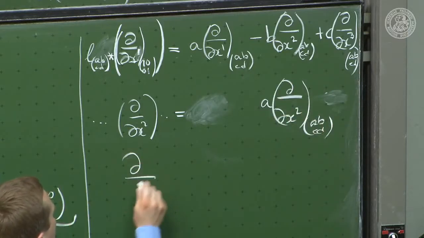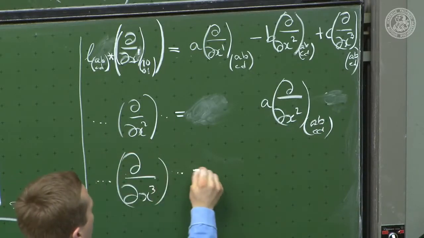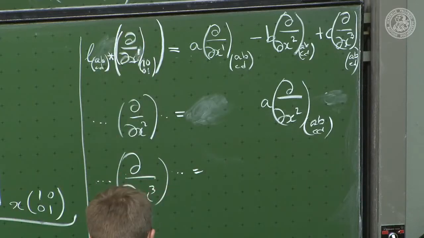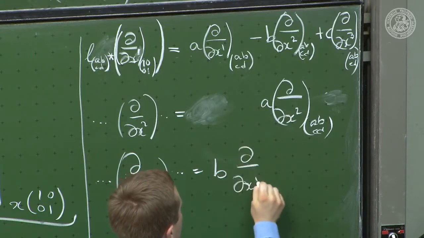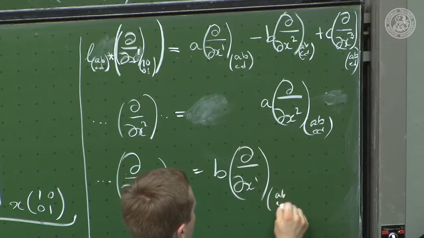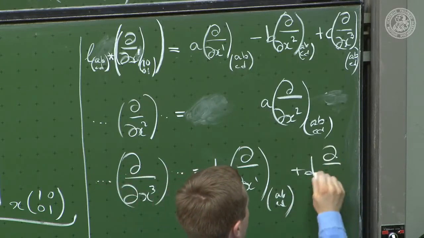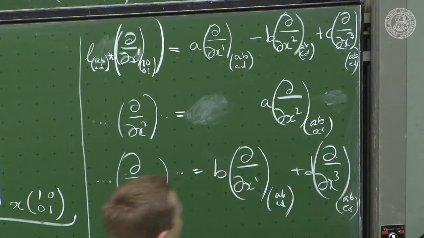And the final one is the push forward of the x3 at the identity, and you get b 0 d. So you get b d by dx1 at A, B, C, D plus d times d by dx3 at A, B, C, D.